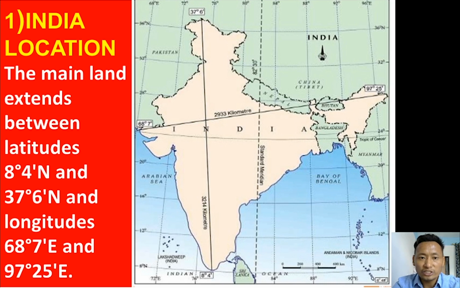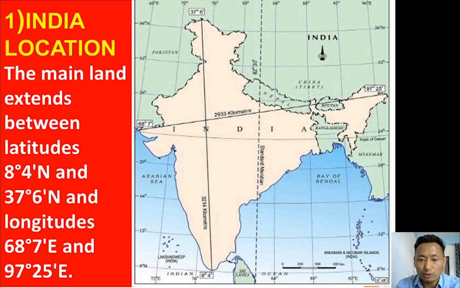If we talk about the location of India, India lies between certain latitudes. Below that we have the equator. Equator is 0 degree. So if we count from 0 degree, the southernmost part of mainland India touches 8 degree 4 minute north. Why north?